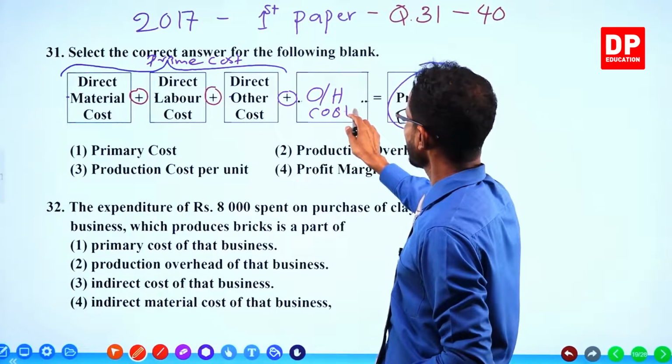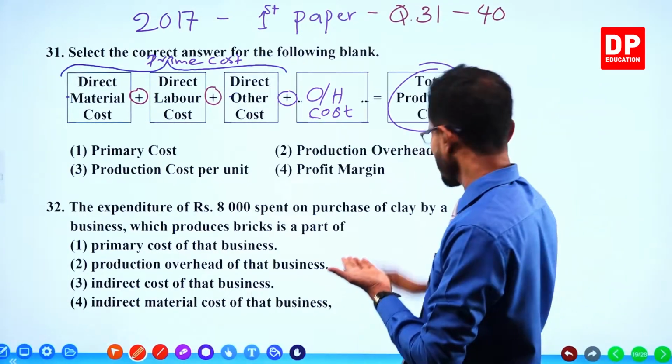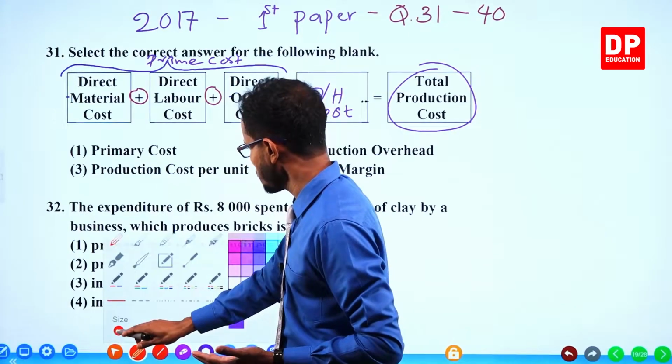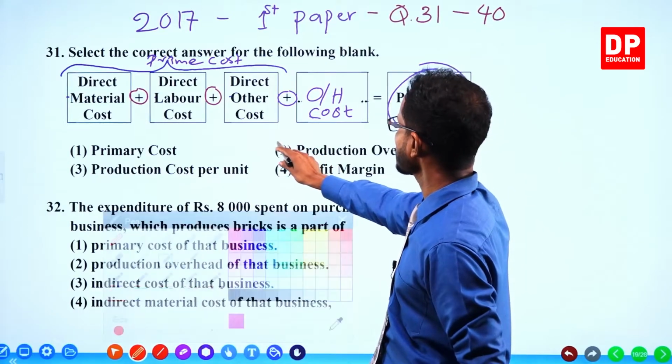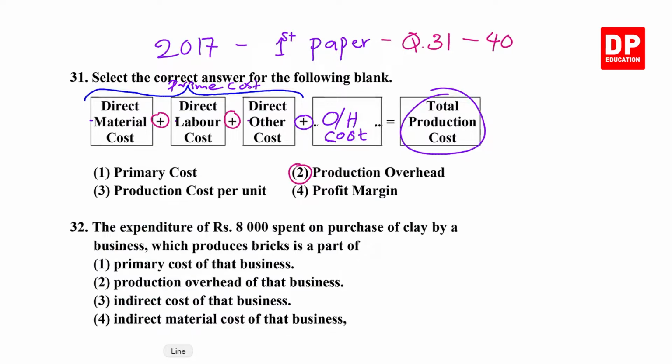Then it becomes total production cost. Answer is, here we have production overhead cost. Next one.